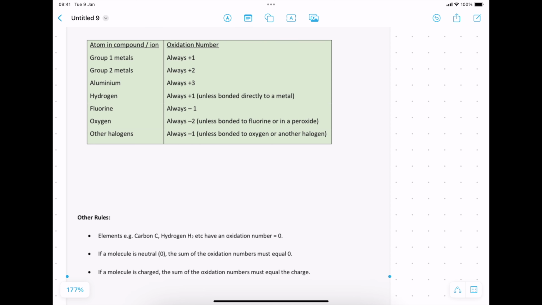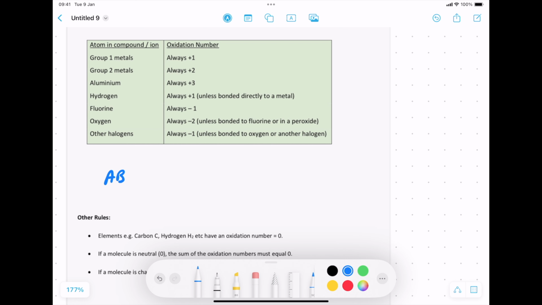So let's pretend we have a compound AB. In that compound, one of the elements will have a plus oxidation state and one will have a minus oxidation state. So let's just say A is plus and B is minus. Plus means that the element has, in inverted commas, lost electrons, and minus means the element has gained electrons.